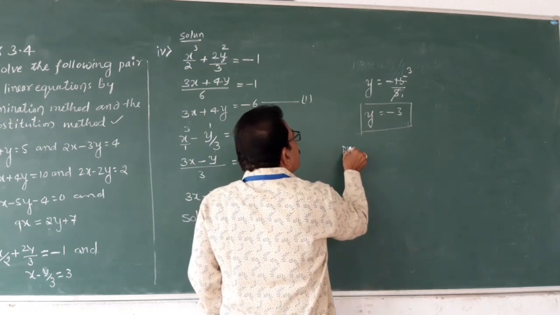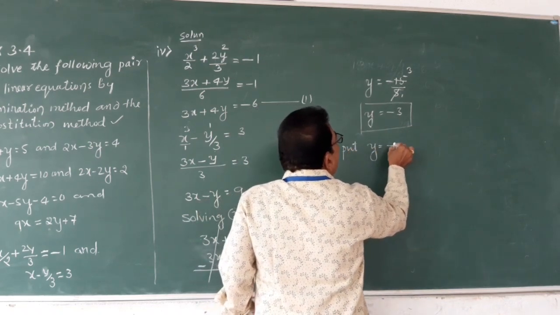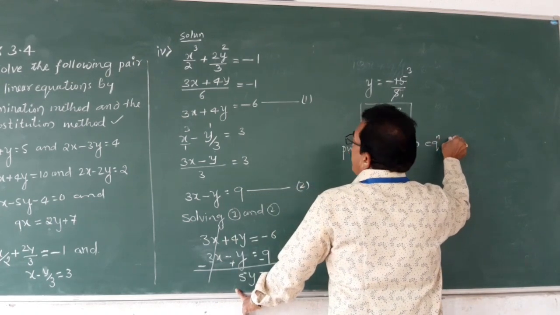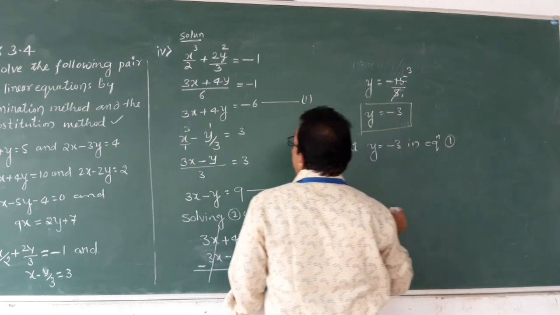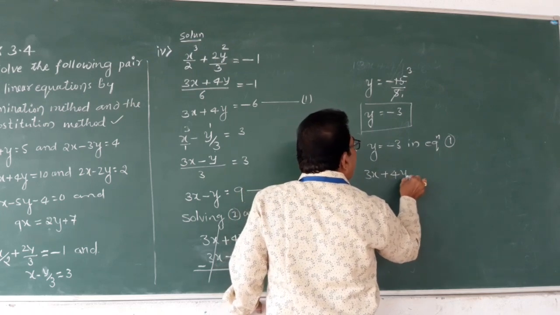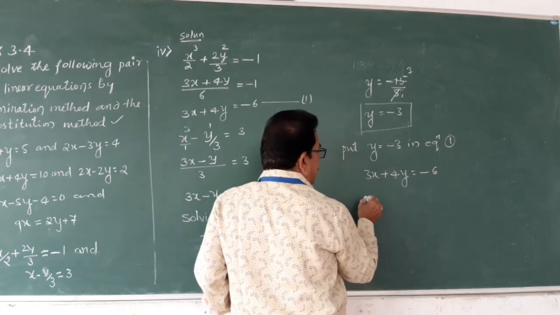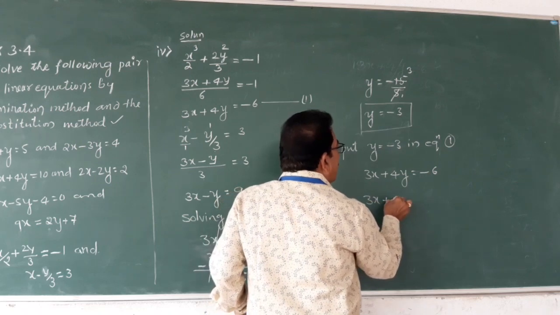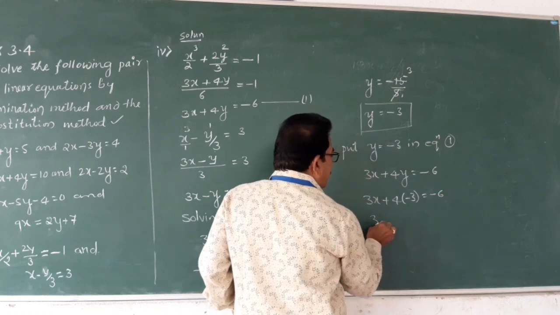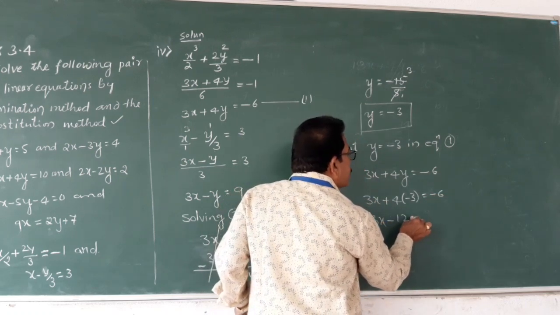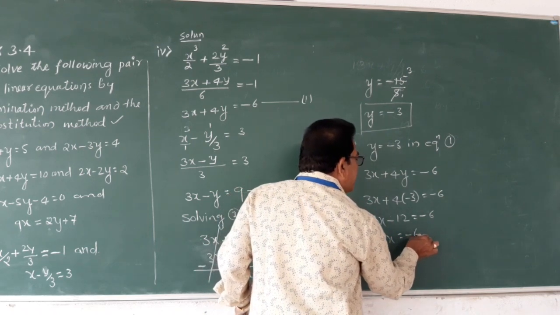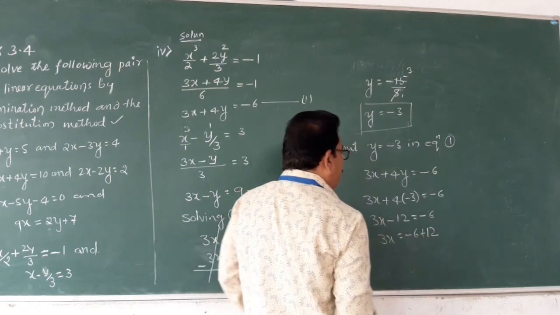Now put y equals minus 3 in equation 1: 3x plus 4y equals minus 6. 3x plus 4 into minus 3 equals minus 6. 3x minus 12 equals minus 6. 3x equals minus 6 plus 12.